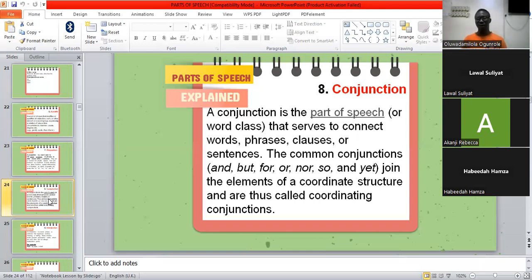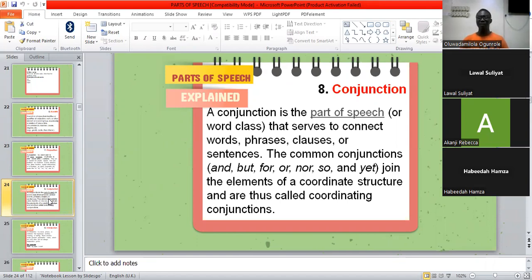Beautiful and pompous there are adjectives, and I have used and to join those two adjectives in relation to Tolu. So we have several types of them in the English language. We have and, but, for, or, nor, so, and yet. And then basically there is a mnemonic that we use for conjunctions. That mnemonic is FANBOYS.